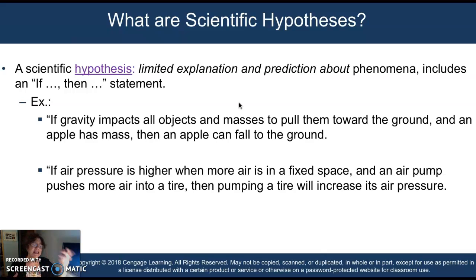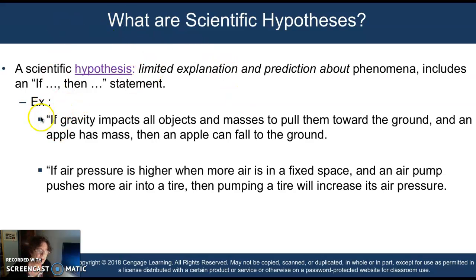So, an example, if gravity impacts all objects and masses, and it does, to pull them toward the ground on Earth, there's gravity everywhere. Probably should change that a bit. And an apple has mass, and that's a fact. An apple has mass because an apple has matter. Then an apple can fall to the ground.